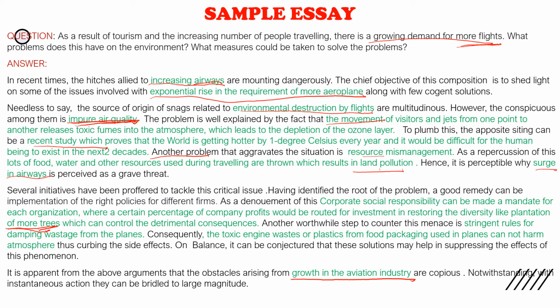Notwithstanding, with instantaneous action, they can be brittle to large magnitude. So I have just taken the template and just fit my ideas appropriately with good grammar and some of the lexical resources to make a well written constructed answer. This is a 7.5 essay. Okay, it is a 7.5 band essay.